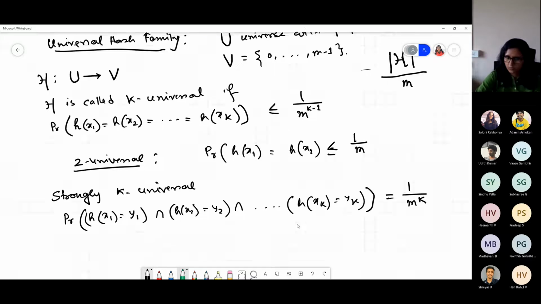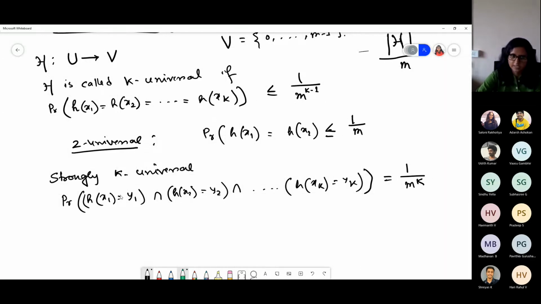So this is pairwise independence. In that case, the hash family is called strongly k universal.